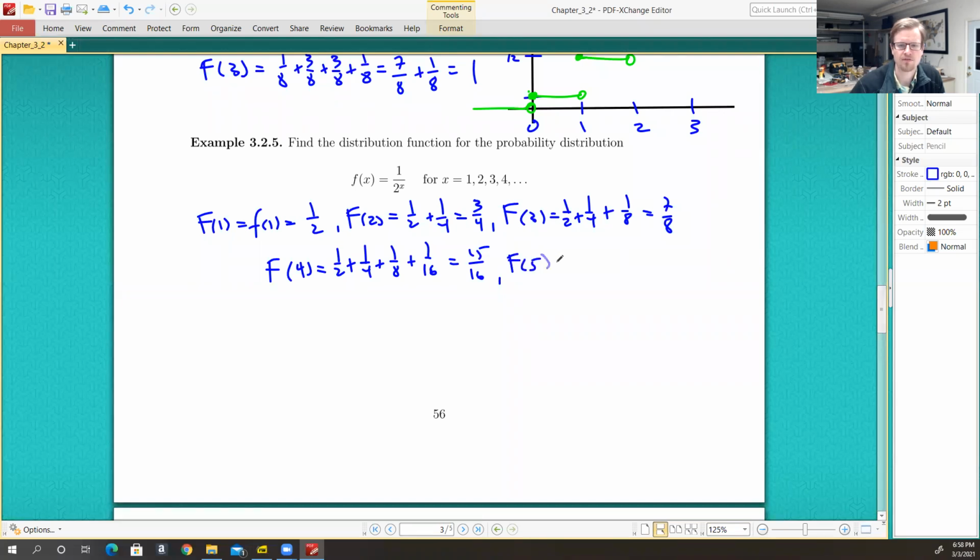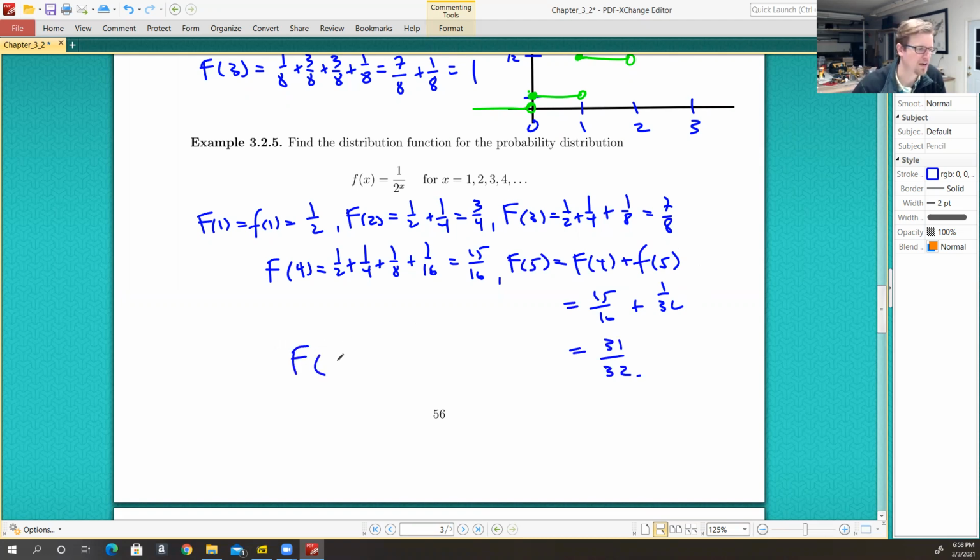And f of 5 would be equal to, emphasize this a little bit more, this is going to be f of 4 plus f of 5, so 15/16 plus 1/32, and that would be 31/32. Excellent. So in general, f of x is going to be, what does this look like?